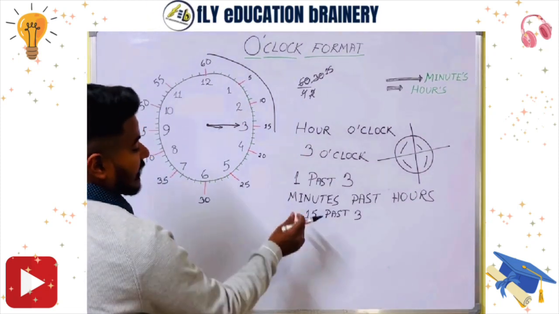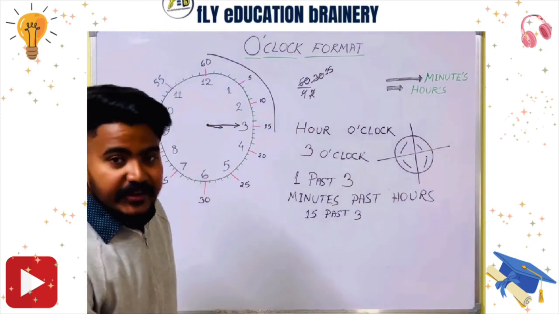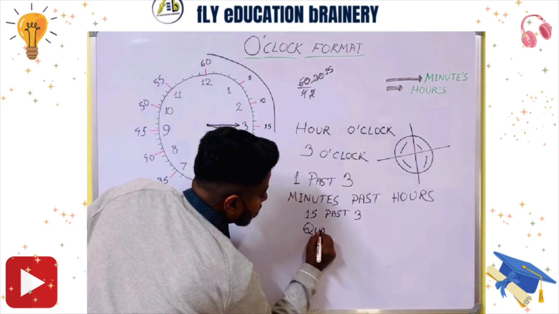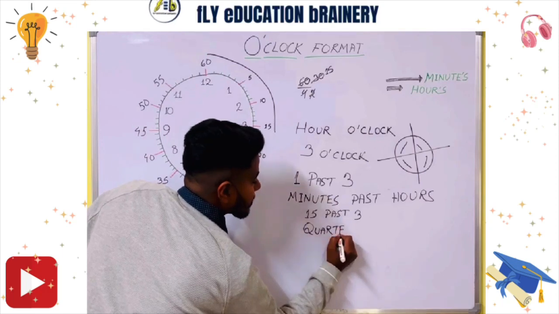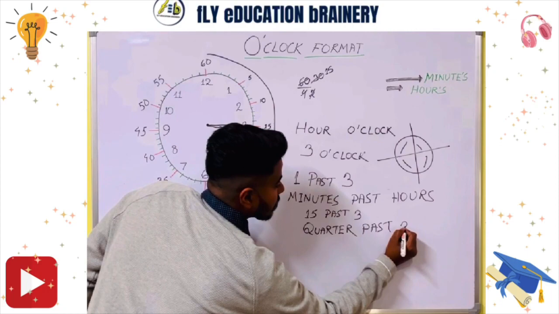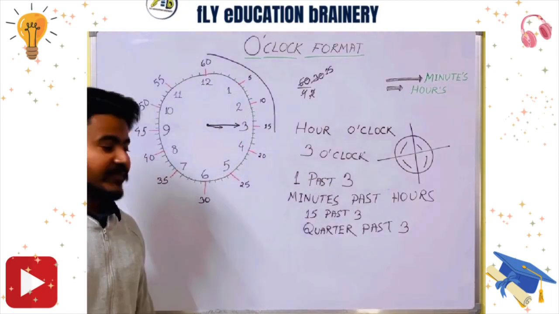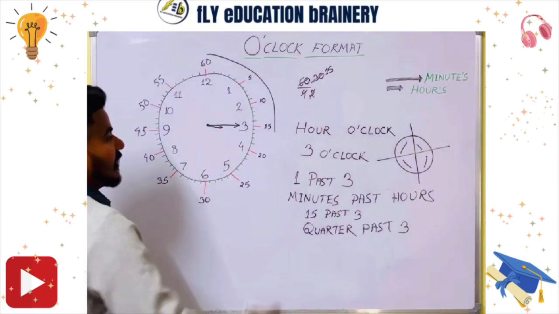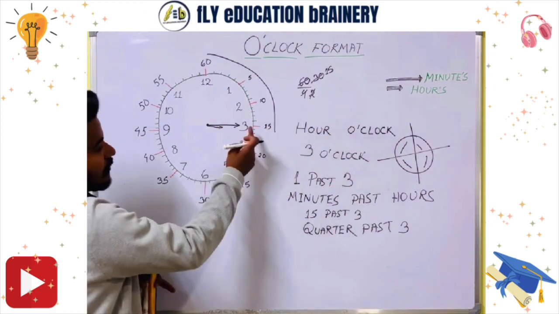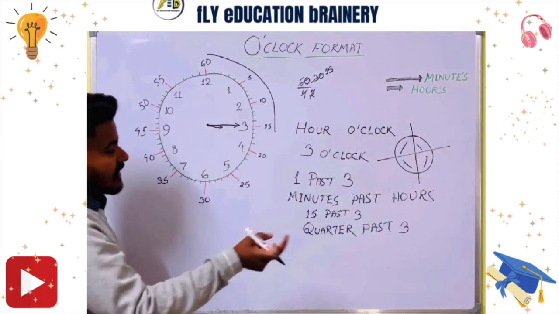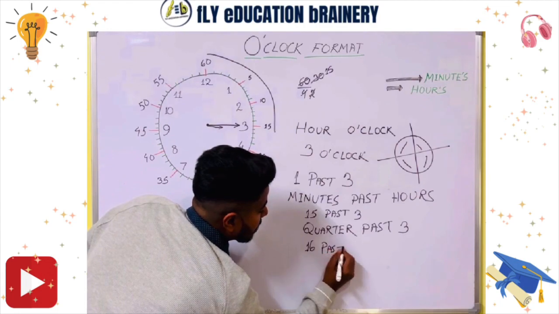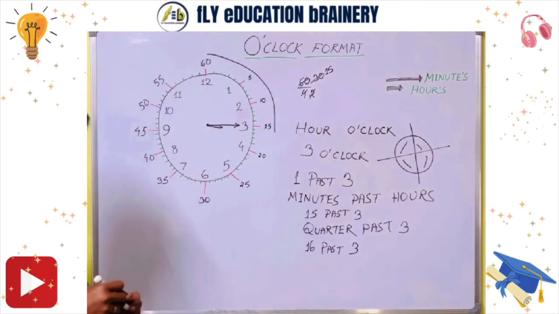That's why in place of 15 past 3, we write quarter past 3. Okay, it's that simple. Quarter past 3. Now again, when the minutes hand moves from 15 minutes to 16 minutes, we will move back to 16 past 3 again.